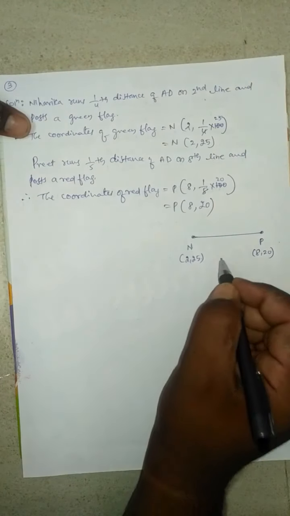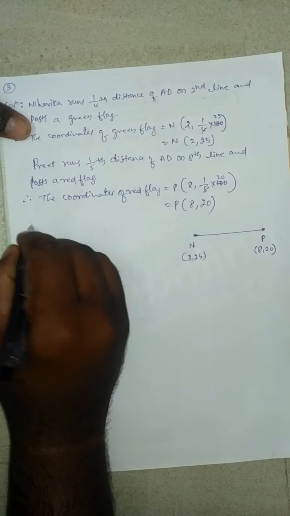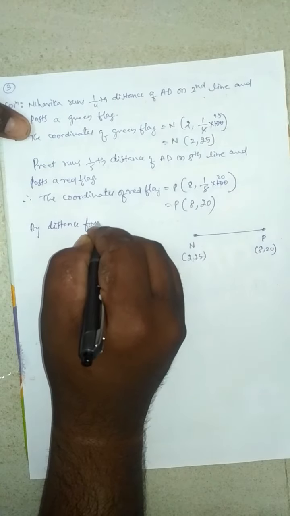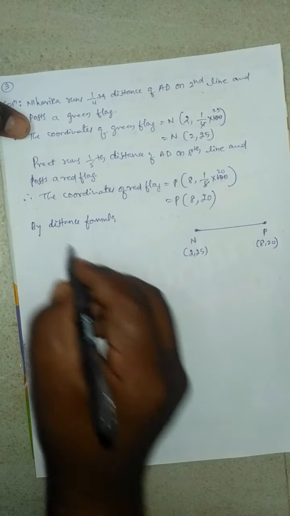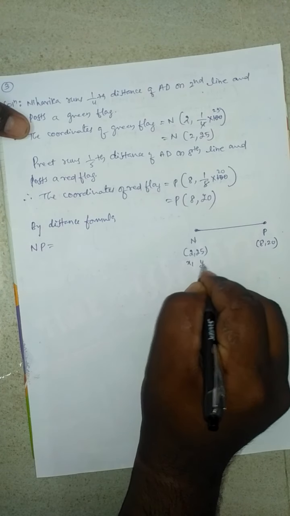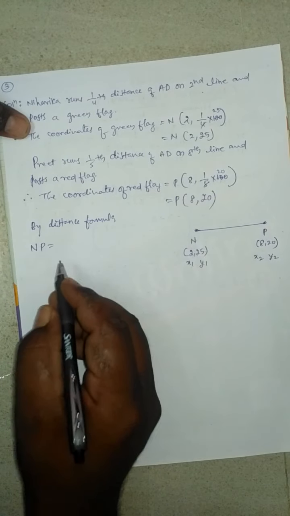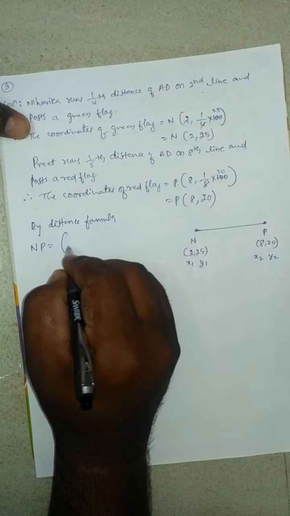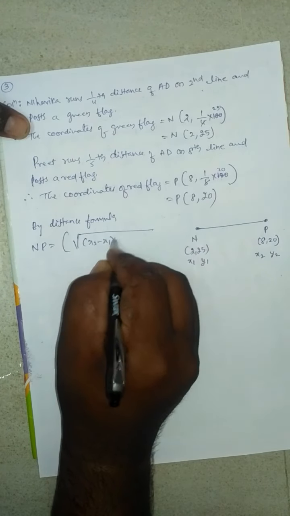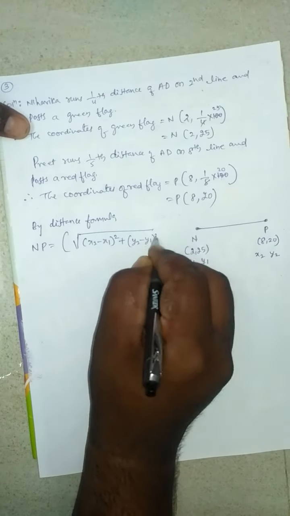To find distance between the both flags by distance formula, here NP, that is equal to, here this coordinate I am going to call as x1 y1, this coordinate I am going to call as x2 y2. So by using distance formula, what distance formula says? Under root x2 minus x1 whole square plus y2 minus y1 whole square.